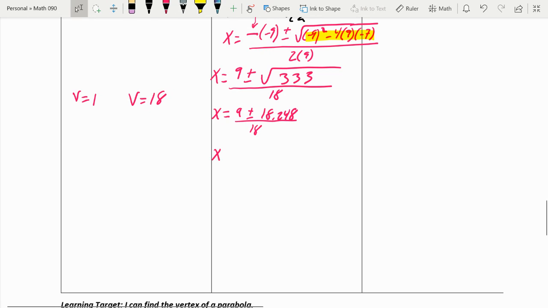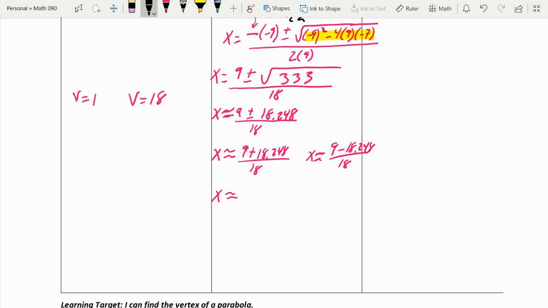This probably should have been approximate because it's not exact. 9 plus 18.248 over 18, and then our other answer is approximately equal to 9 minus 18.248 over 18. Grab your calculator. Please do not type this whole thing in on your calculator, because your calculator's stupid.